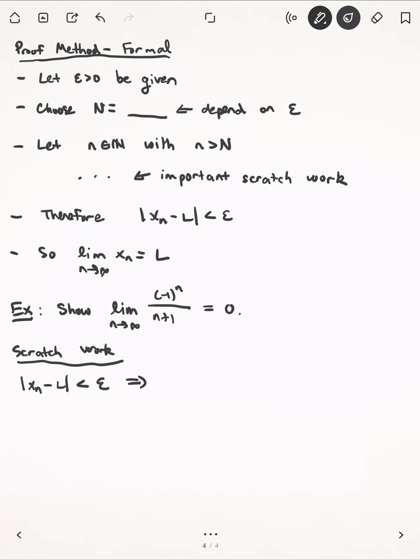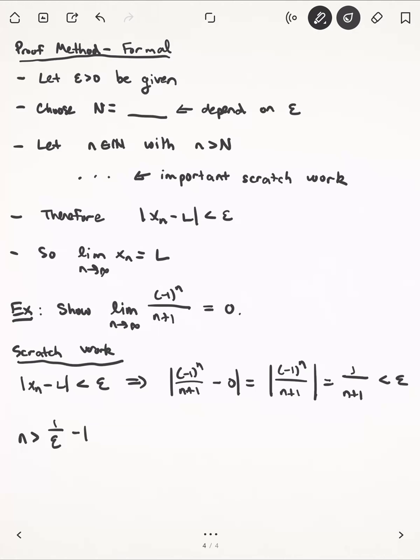That is, we want the absolute value of (-1)^n over n plus 1 minus 0, which equals the absolute value of (-1)^n over n plus 1, which actually equals 1 over n plus 1. We want all that to be less than epsilon. Now, if I solve for little n here, what do I get? I get that n must be greater than 1 over epsilon minus 1.